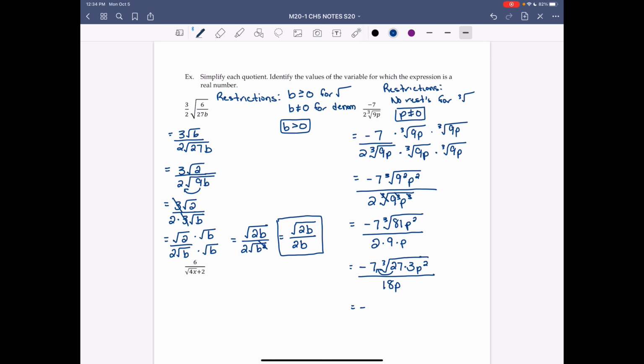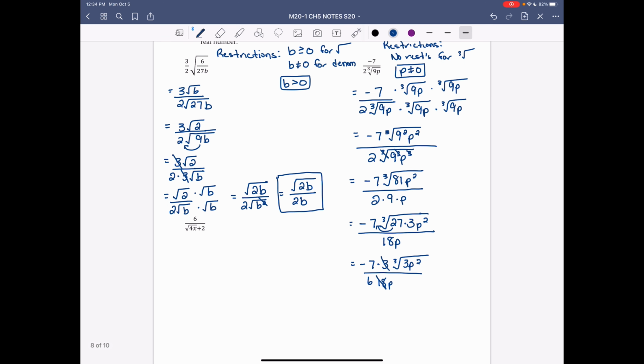It's 3, so -7 times 3 cube root of 3p squared over 18p. Then we can simplify our coefficients by dividing out 3. 18 divided by 3 is 6. So we get -7 cube root 3p squared divided by 6p. That is our simplified answer.